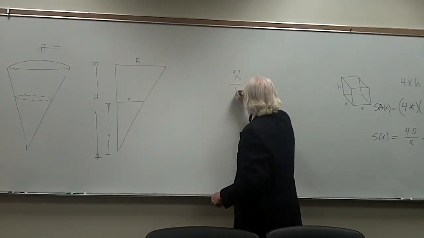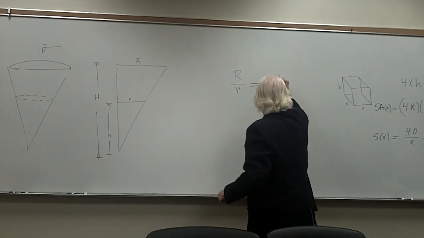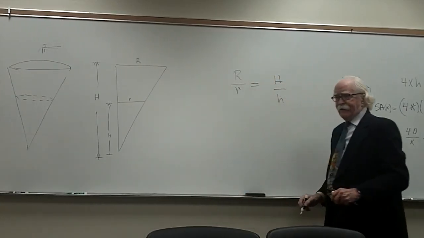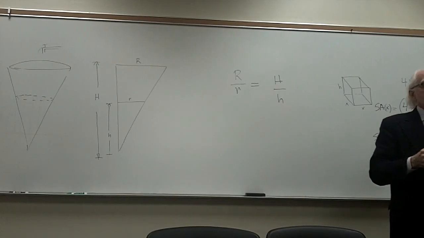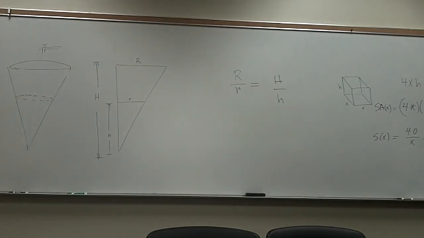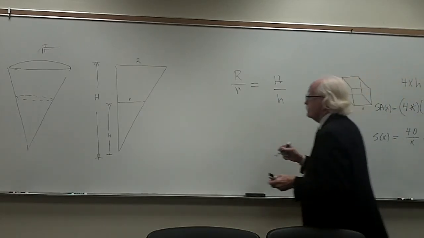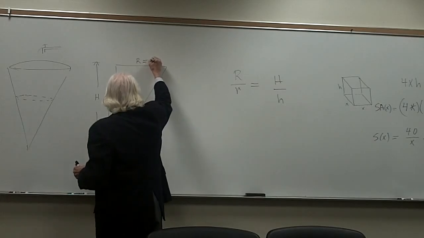Big R over little r is equal to what? Big H over little h. Does everybody see that? Let's suppose this is 4.